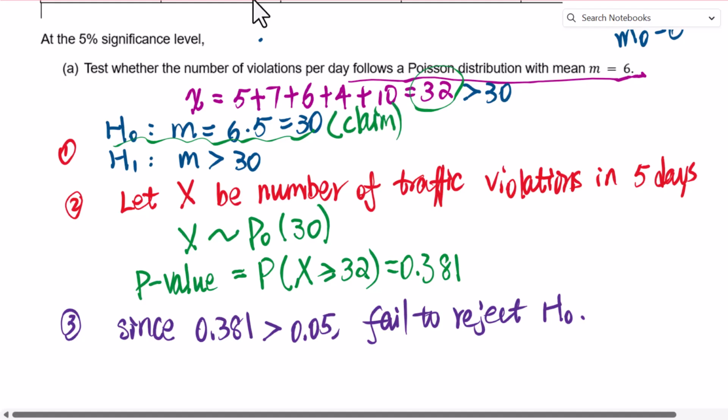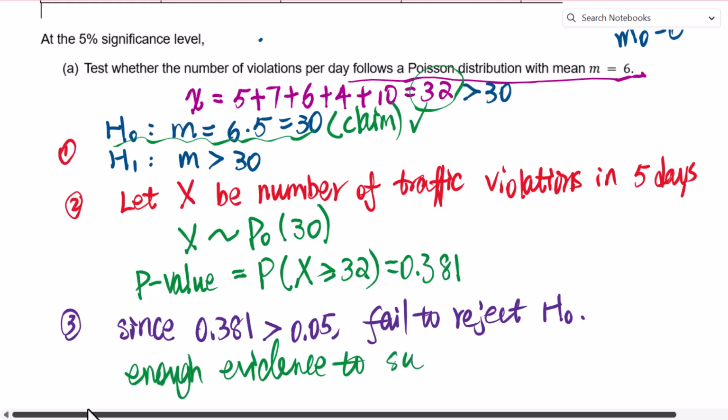Fail to reject H0 means the claim is correct. With this check, we will write enough evidence to suggest that the number of violations per day follows a Poisson distribution with the mean M equals 6.